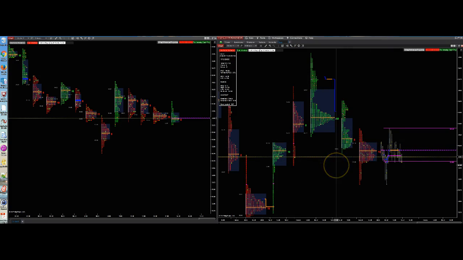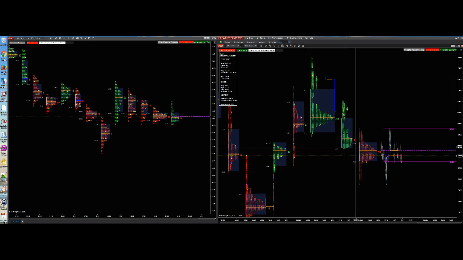So for a Dalton student, for example, you can use all the stuff taught by Mr. Dalton on the usual market profile, and you can add all this information coming from the time value map to your knowledge with Dalton, and you can create your own trading methodology. And this is exactly what I did on my own.